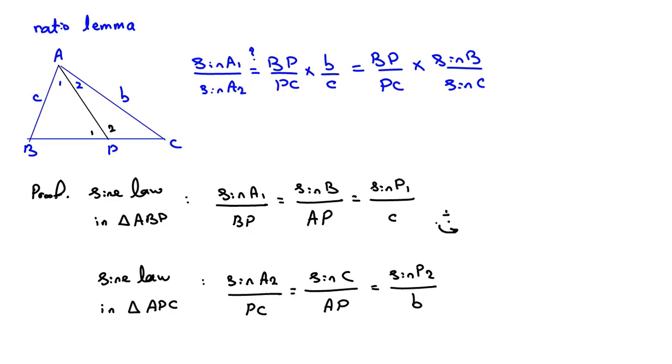So if we divide these two terms, sine A1 over sine A2 times PC comes in the numerator, because this times the reciprocal of this will be PC over BP. Okay.